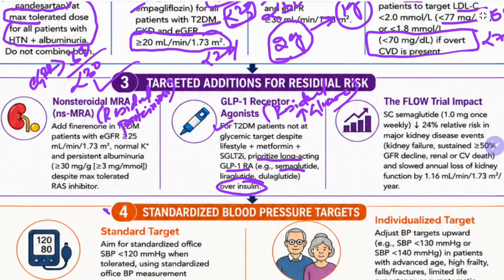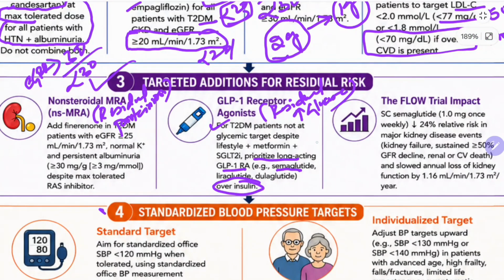This comes from a study, the FLOW trial, where subcutaneous semaglutide 1 mg once weekly reduced the risk of major kidney disease events by 24% relative risk. These events are kidney failure, sustained more than 50% GFR decline, and renal or cardiovascular death.